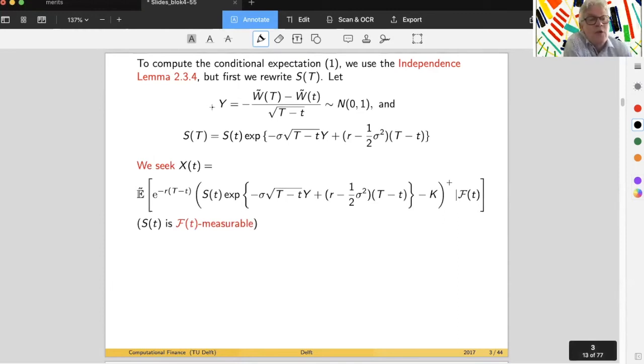Okay, and what we are looking for, let me remind you, is the option value equal to the portfolio value.